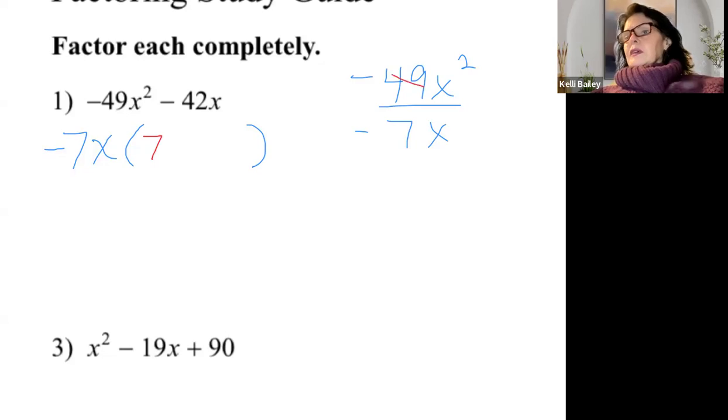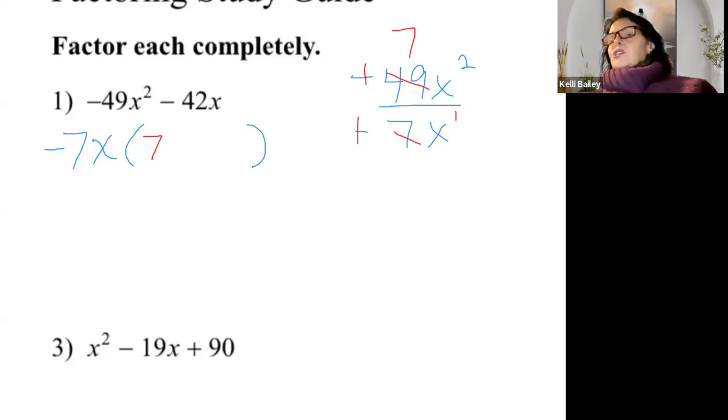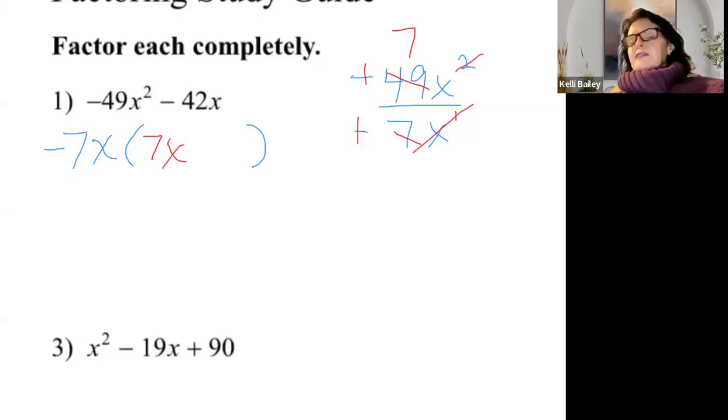And if you remember how the laws of exponents work, the quotient rule says that you subtract those exponents. So x squared over x to the first, we're just going to go 2 minus 1, and that gives us an x. So that goes away like that. So we've just got 7x.